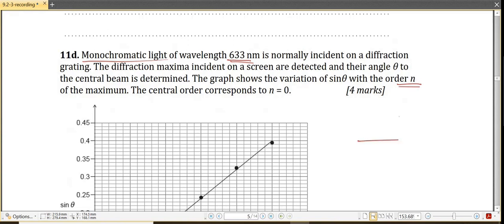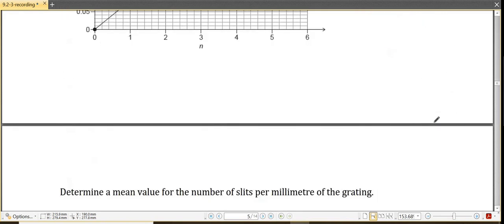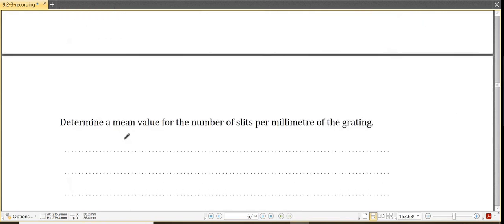So light is falling on the diffraction grating. We get the 0th order, we get first order on both sides, we get second order on both sides. When we say order, we are talking about the maxima. This is the first maximum, this is the second maximum. Determine a mean value for the number of slits per millimeter.